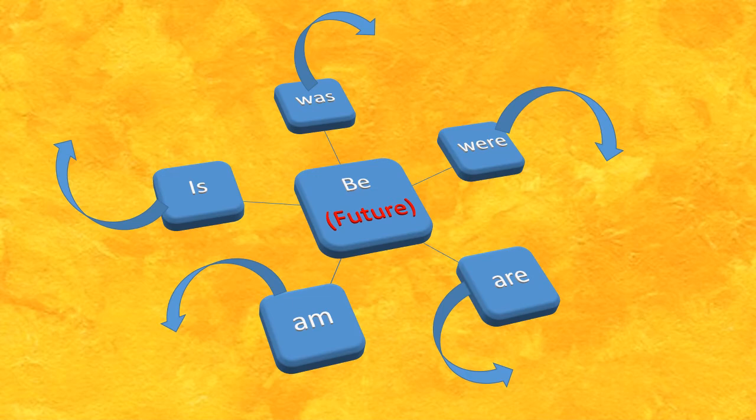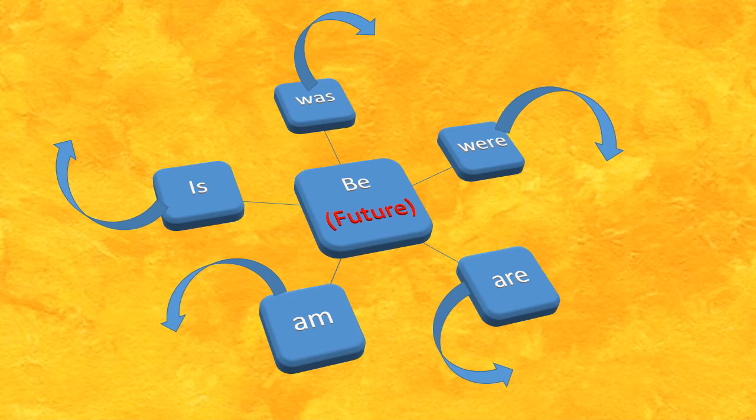Be always loved to view its future, whereas am, is, are always believe in their present, whereas was and were are the past stories. Let me tell you where to use be, is, am, are and was, were.